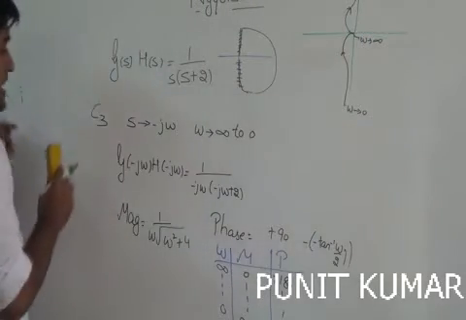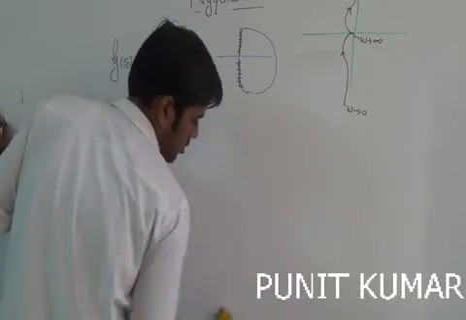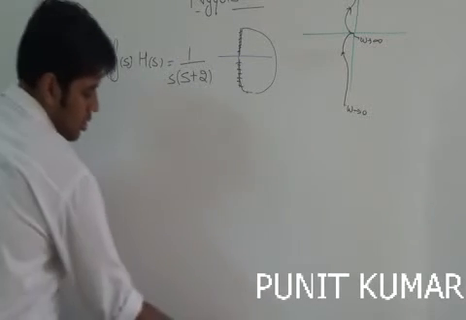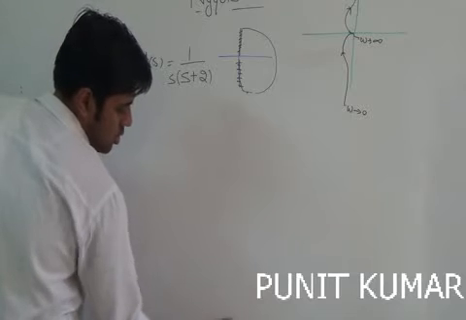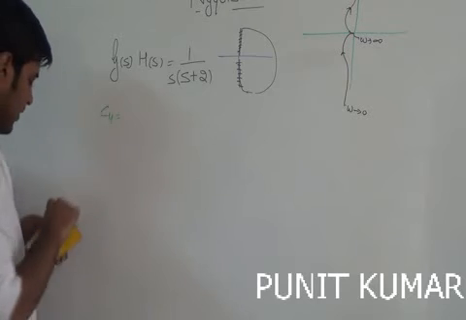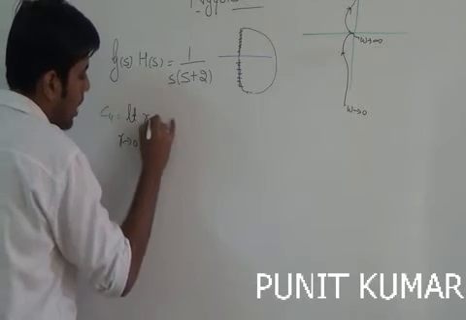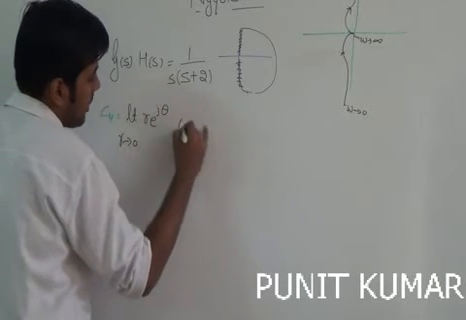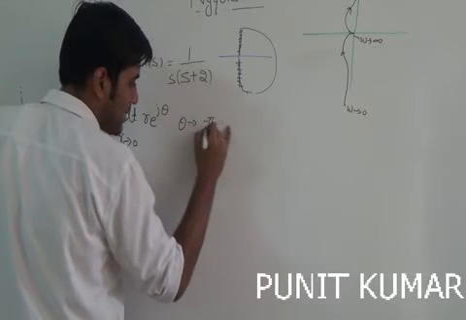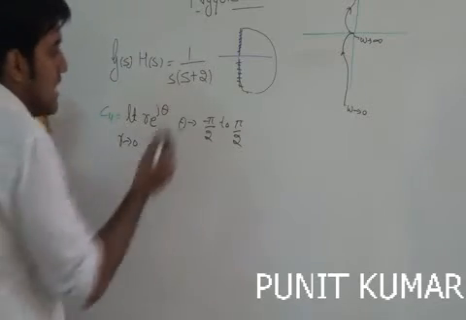Now for C4. That was limit r tends to 0, r e to the power j theta, where theta was going from minus pi by 2 to plus pi by 2.